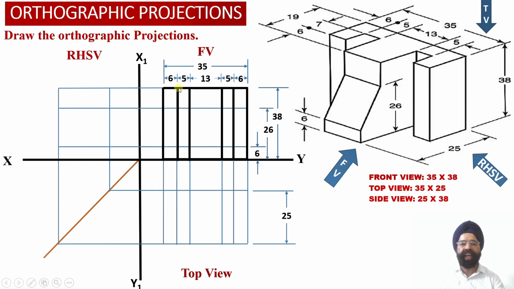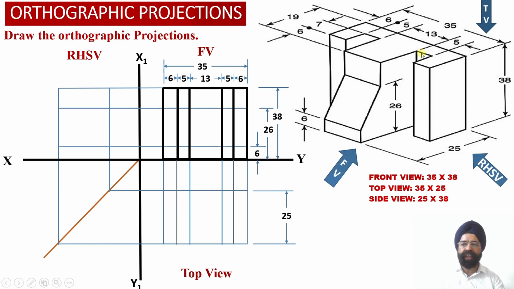Corresponding to the front face of element number 2, the true shape projection will be obtained in the front view over here, and corresponding to this rectangular slot on the left hand side of element number 3, again a true shape projection measuring 38 millimeter height and 5 millimeter width will be visible to the observer over here.